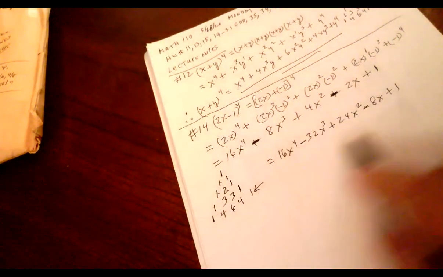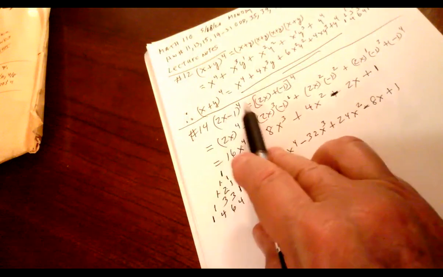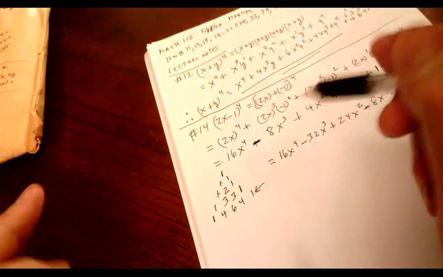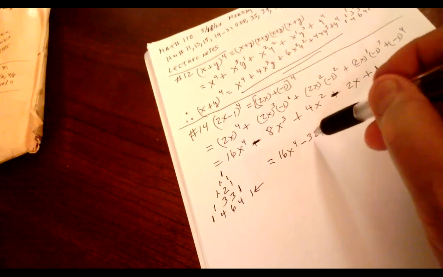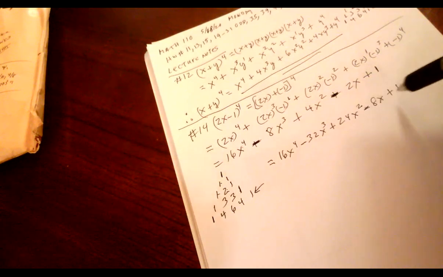So this is what you would get if we took 2x minus 1 and multiplied it out 4 times in the regular way that we do it with FOIL or whatever other method you want. You will get 16x to the fourth minus 32x cubed plus 24x squared minus 8x plus 1.